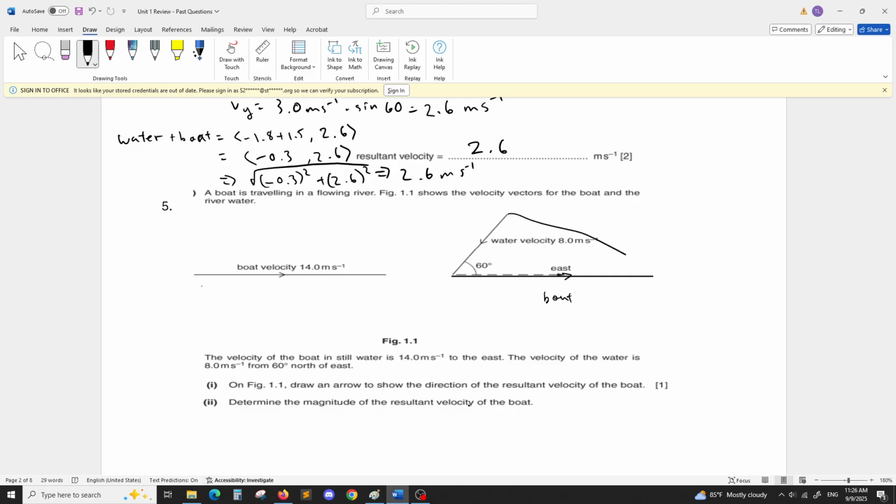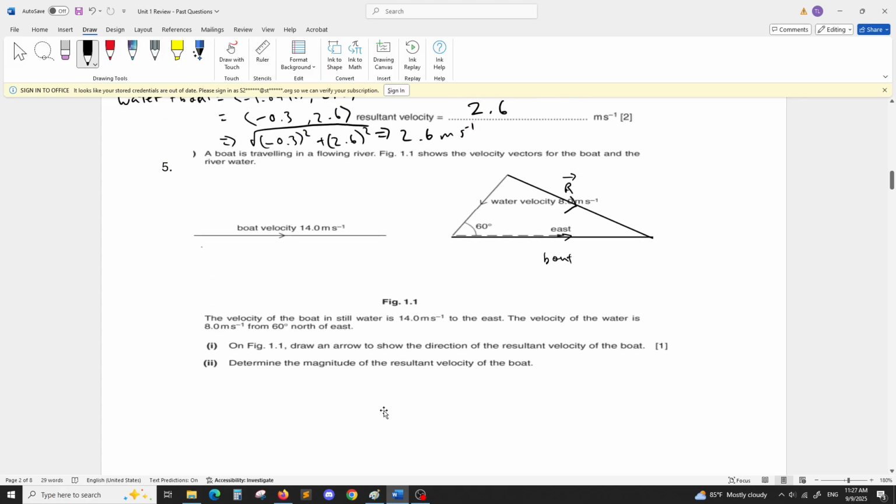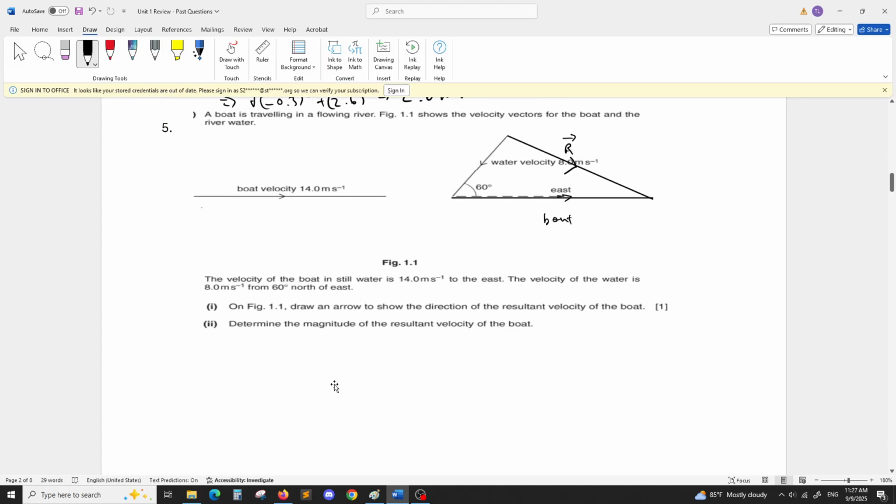And then thus our resultant vector. So this is our resultant vector. Don't forget your arrow to show where it's going. Determine the magnitude of the resultant velocity of the boat.